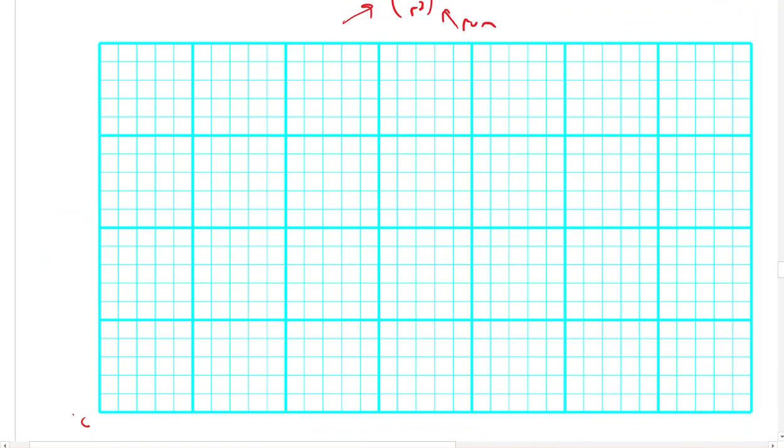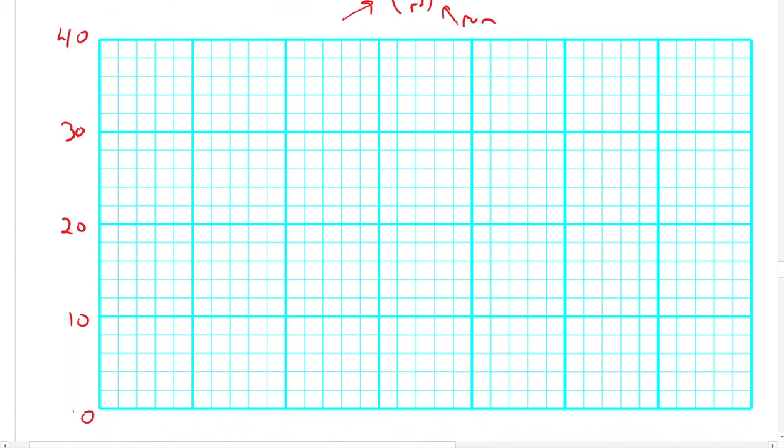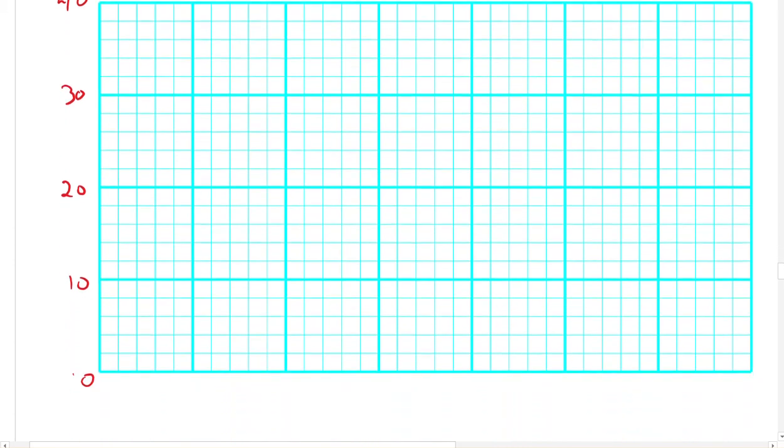I'm going to go 0 and go up by 10s: 10, 20, 30, 40, and then I'm just going to go off the page for this one. The other axis, I'm going to go up by 5: 5, 10, 15, 20, 25, 30.